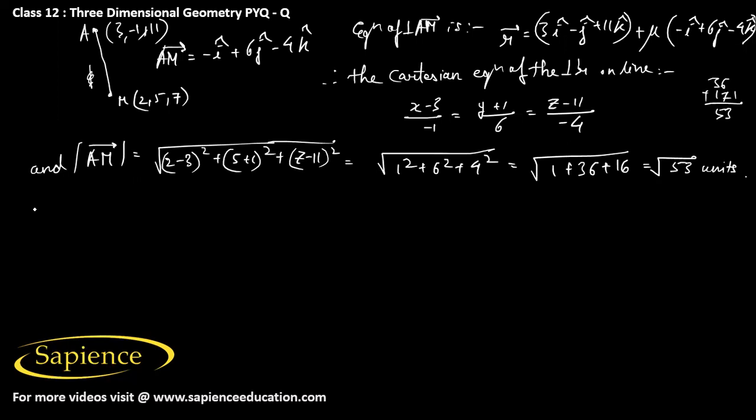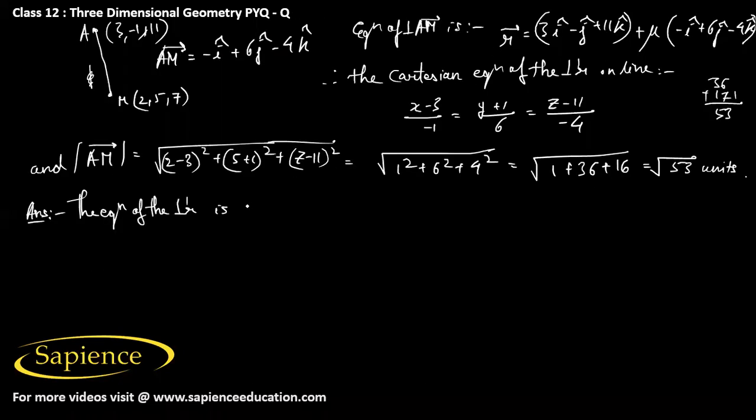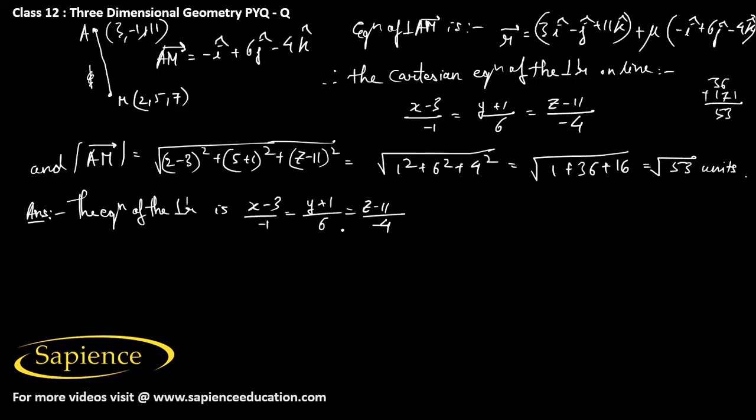Therefore, for the final answers, the equation of the perpendicular is (x minus 3)/(minus 1) equals (y plus 1)/6 equals (z minus 11)/(minus 4).